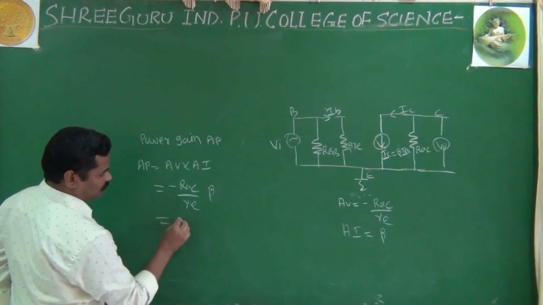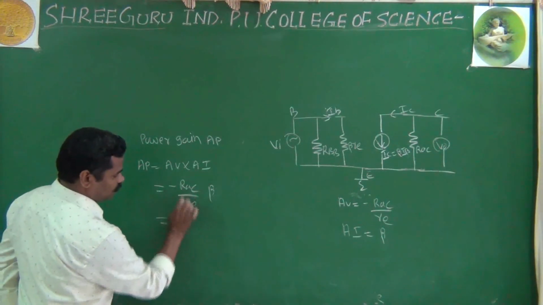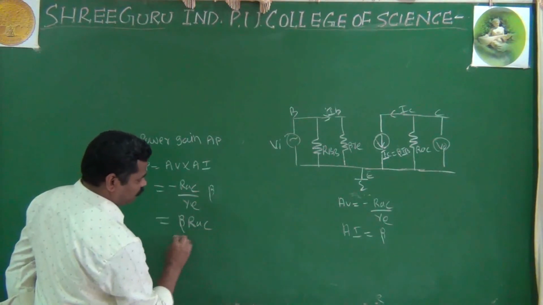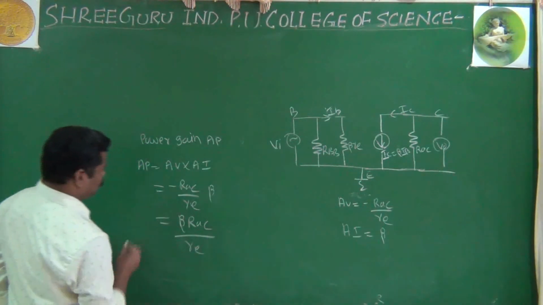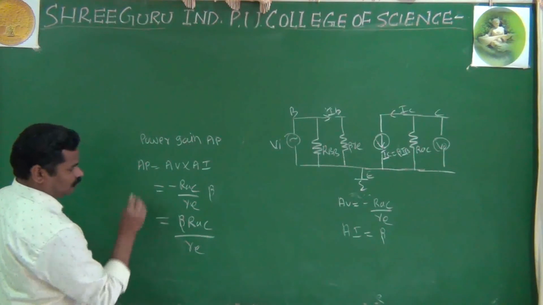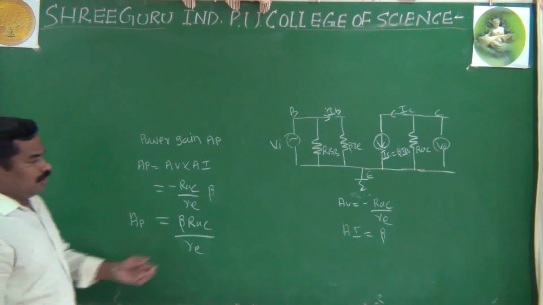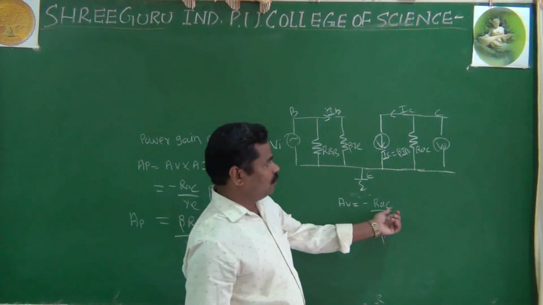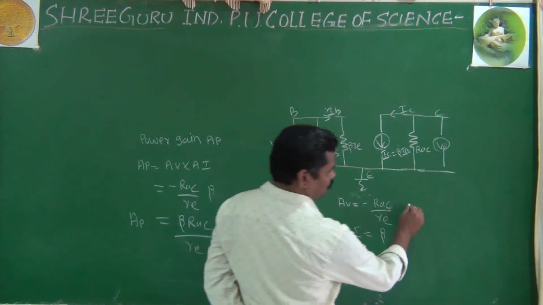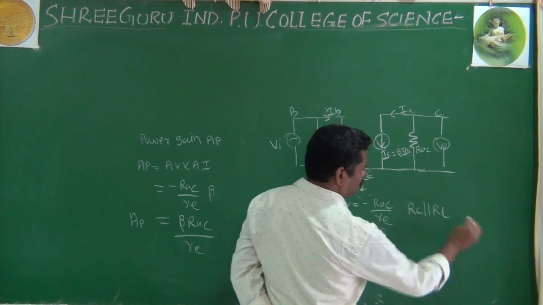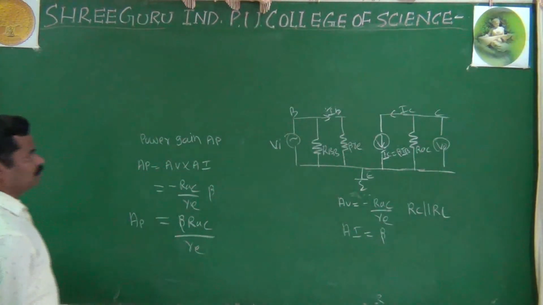Simplify this and you get beta into RAC by RE. This is your AP. An important thing here about RAC is that RC and RL are in parallel. This is about the power gain.